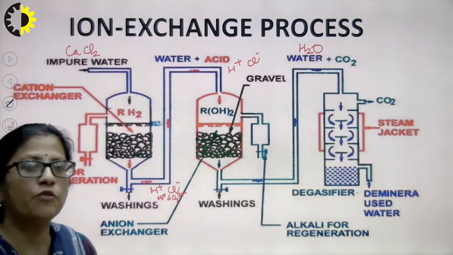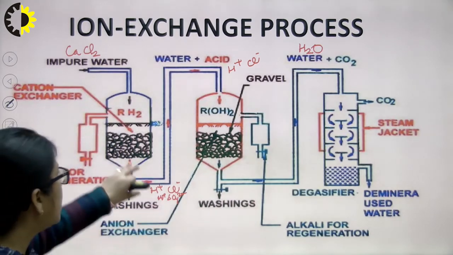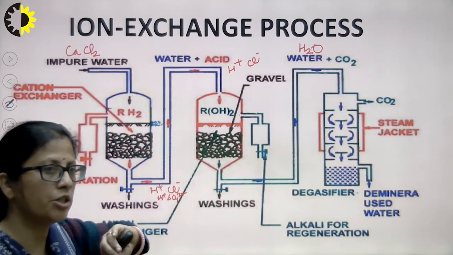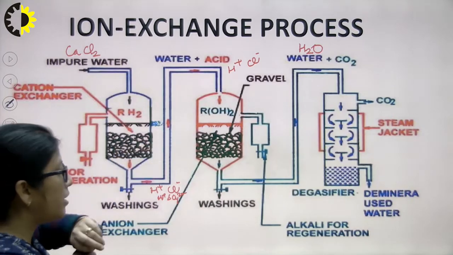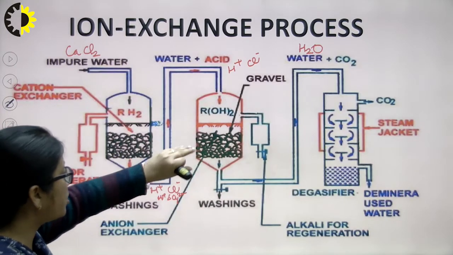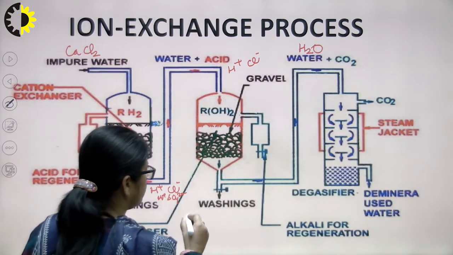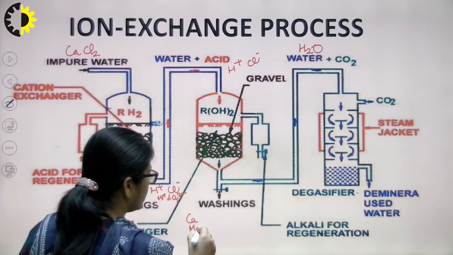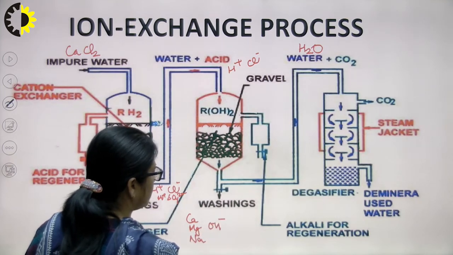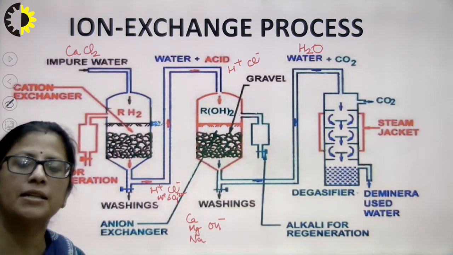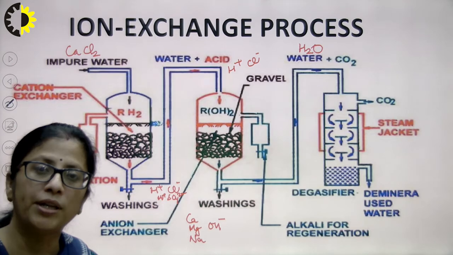But if I take the reverse process, first I pass my water through the anion exchanger and then through the cation exchanger, then the water coming out first from the anion exchanger will contain hydroxides of calcium, magnesium, heavy metals as well as sodium.